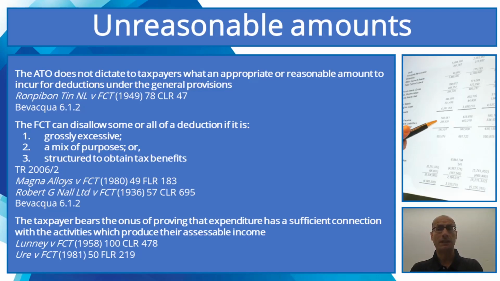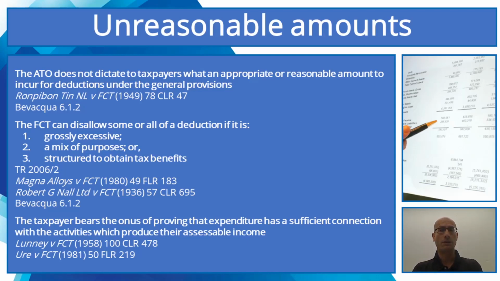So under the general deduction provisions, the commissioner can disallow some or potentially all of a deduction if it is either grossly excessive, if it is a mix of purposes, and again, this ties back to that to the extent of phrase, or in a situation where it's been incurred specifically to obtain some form of tax benefit.